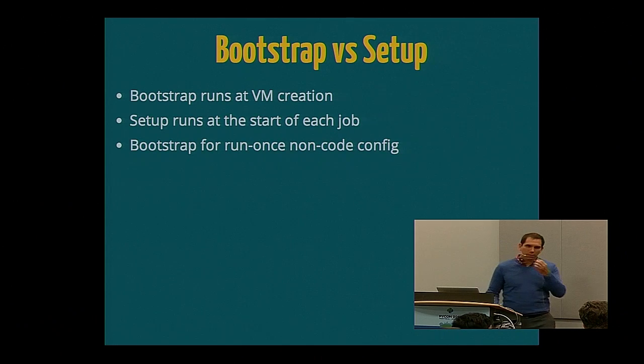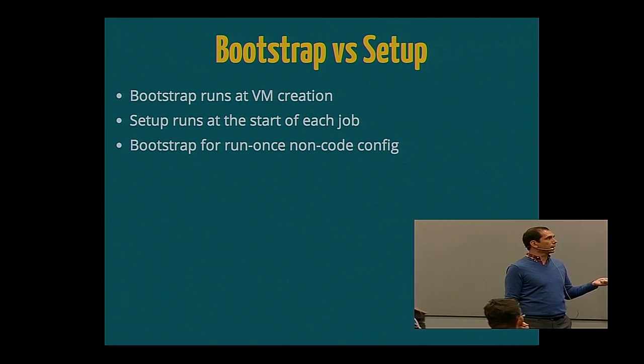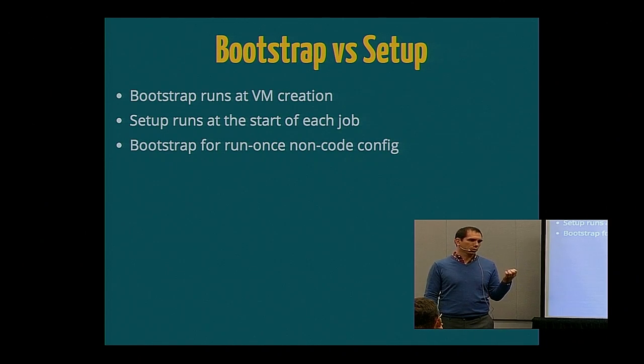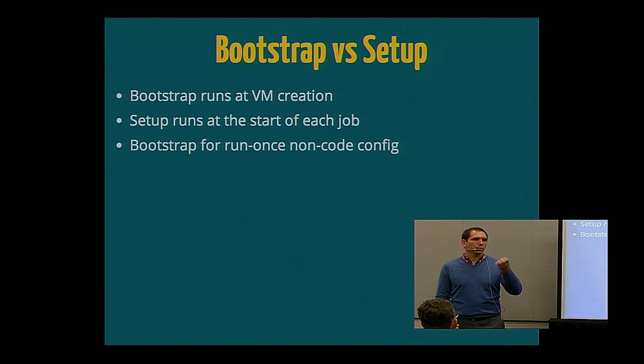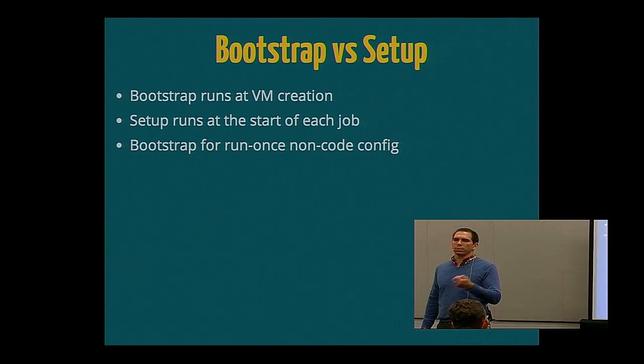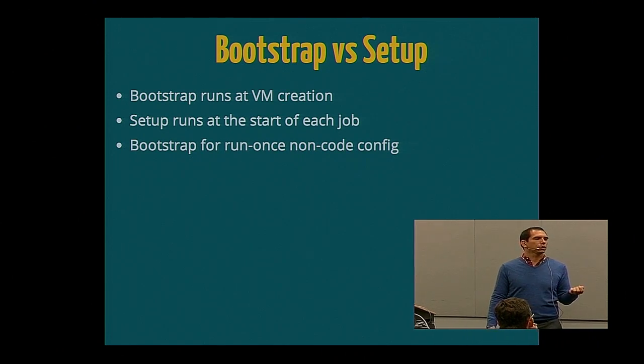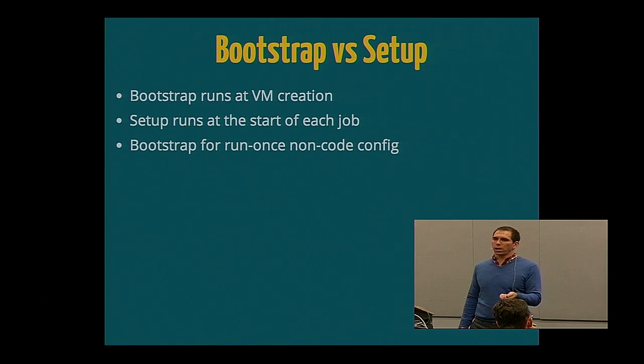There are these two different concepts of bootstrap and setup. Bootstrap runs at the time your machine is created, so it's installing all of these common libraries that are not going to change between different jobs. The setup commands run each time you run a new job. The difference is that you might set up a big cluster and have it running for multiple days as you send different jobs to it to analyze different sets of logs.